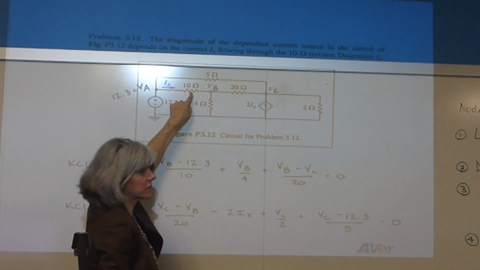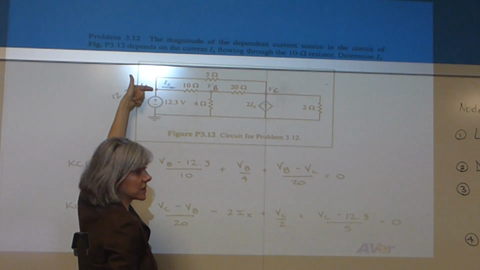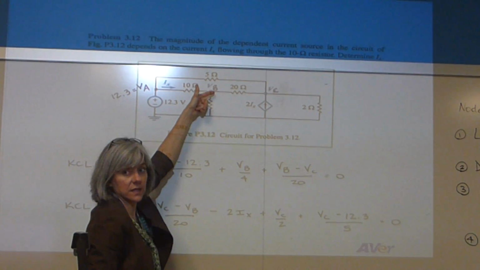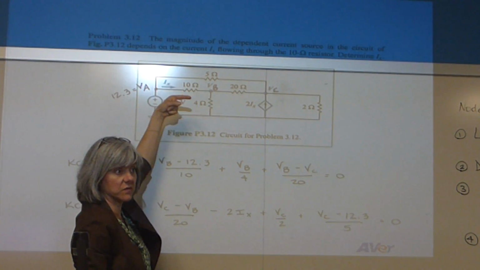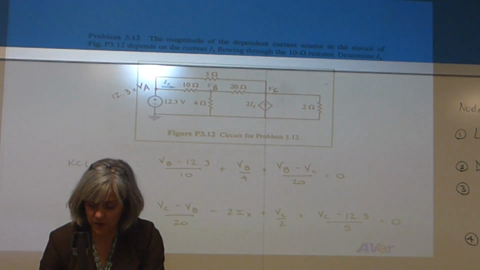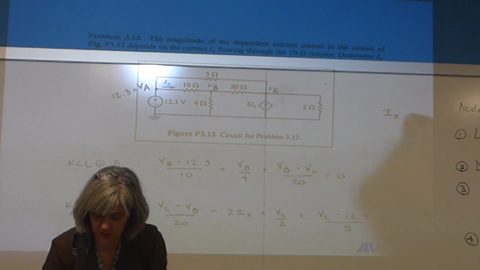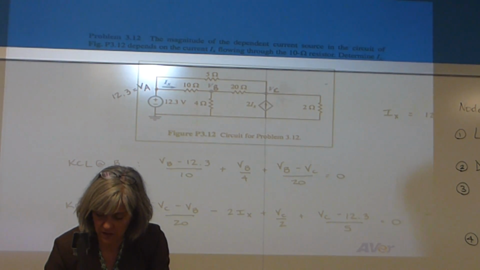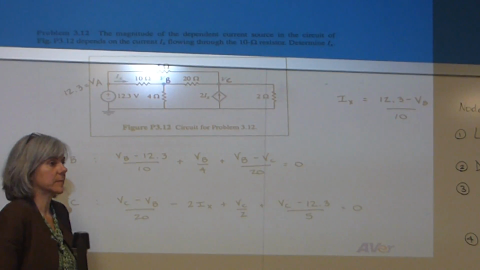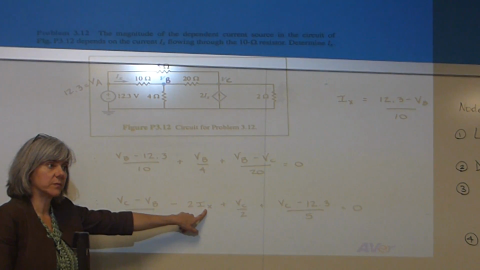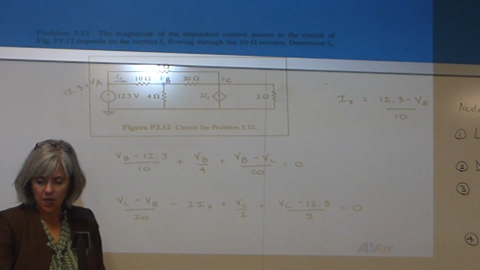It's the current through a resistor, so it's the voltage on the first side minus the voltage on the second side divided by 10. And that's because this I sub x is predefined for us. I don't get a choice on that. So up here I can write I sub x is equal to 12.3 minus V sub B over 10. That needs to get dropped in here.